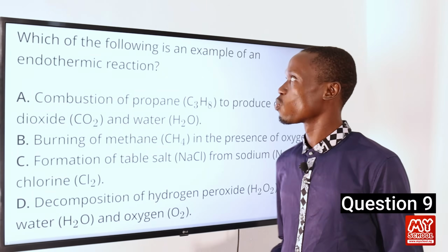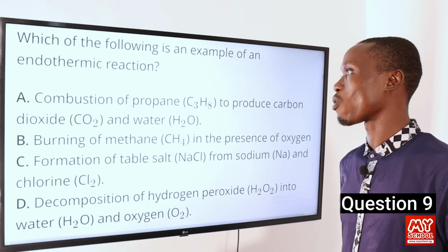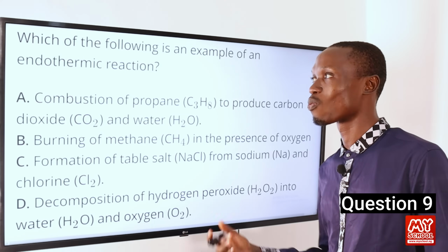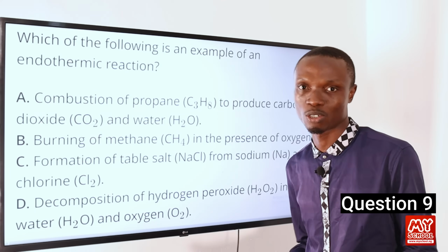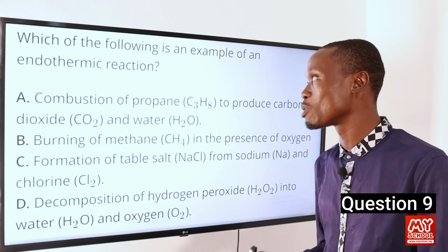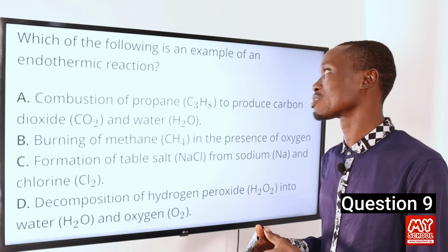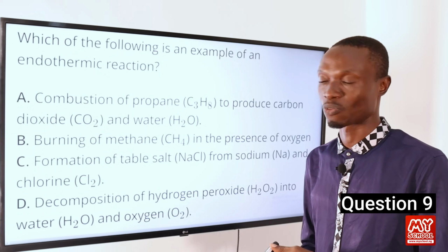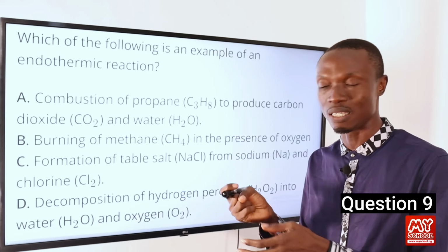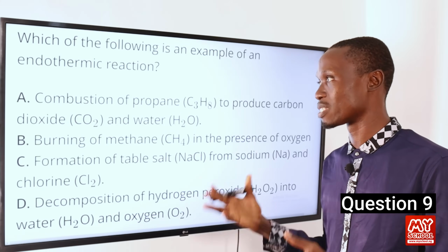Question 9. Which of the following is an example of an endothermic reaction? What is an endothermic reaction? An endothermic reaction is a type of reaction that occurs by the absorption of heat. Endothermic reactions absorb heat before they can take place.